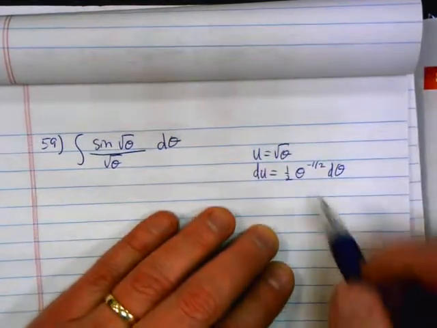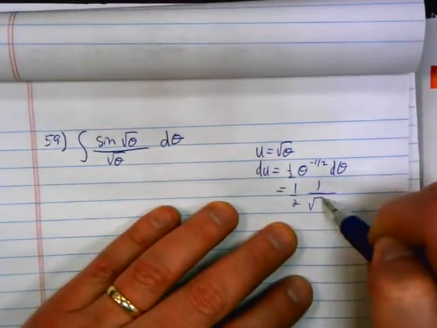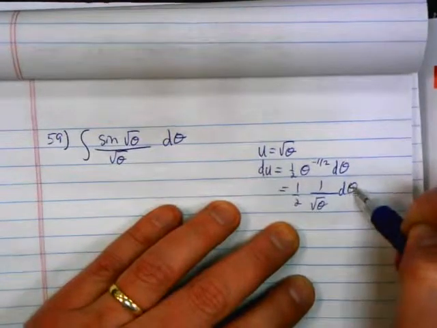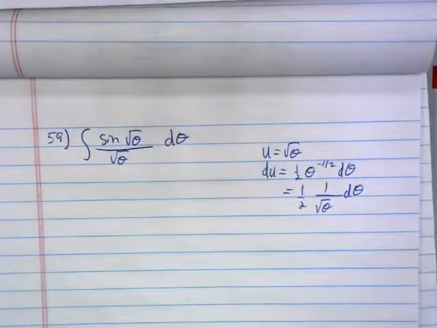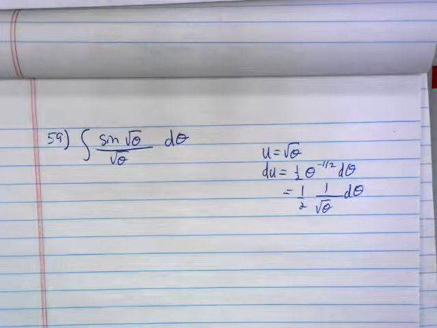But what's theta to the minus 1/2? 1 over square root of theta, d theta. This is not a Calc 2 problem. This is a Calc 1 problem. That's why I said if you could pick one, that's the one you want to pick. This is an easy one.